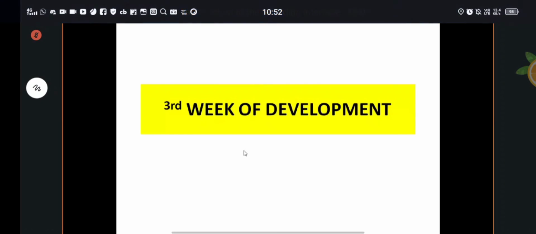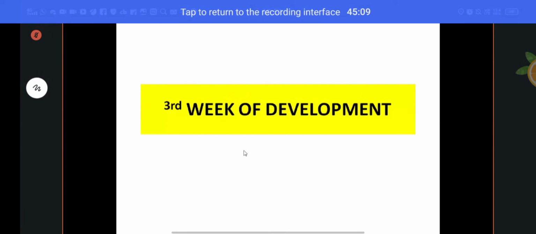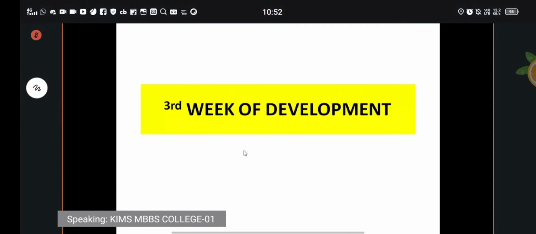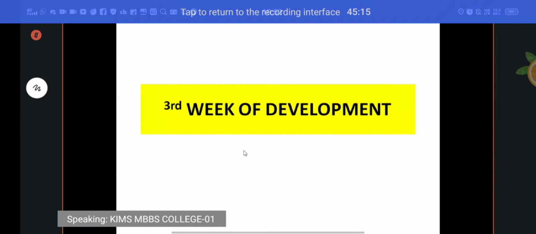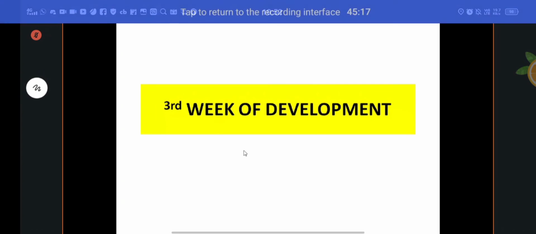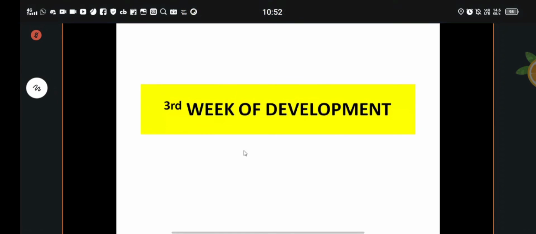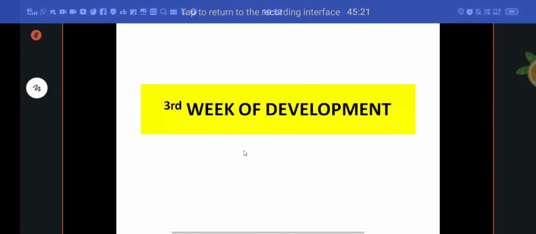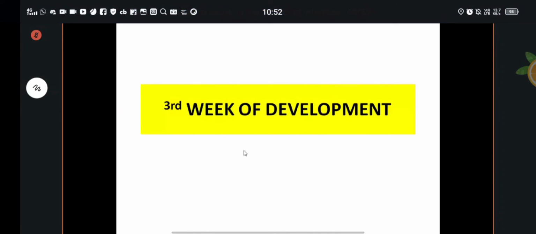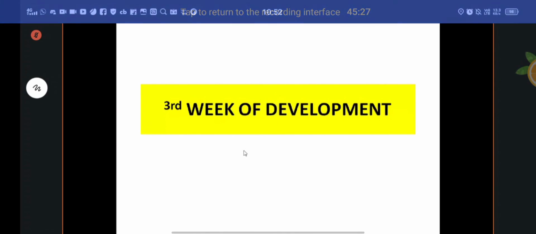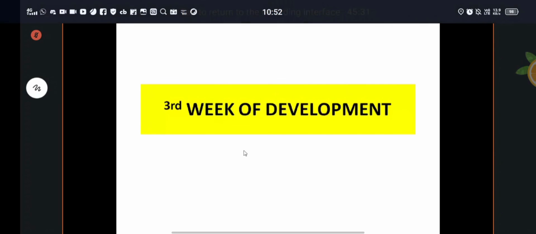So don't resend them. Simple thing. Scan all your papers, convert it into a PDF folder, and for that folder, first keep your roll number, next your name, and send it to department mail. It will be convenient for us also. Easily we can identify by the roll number and name, and we'll correct them.